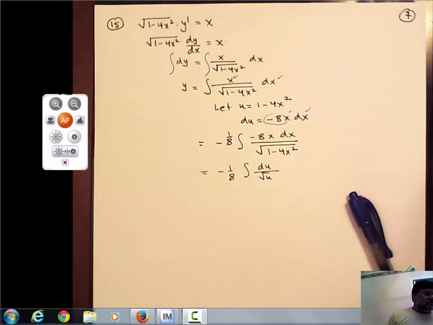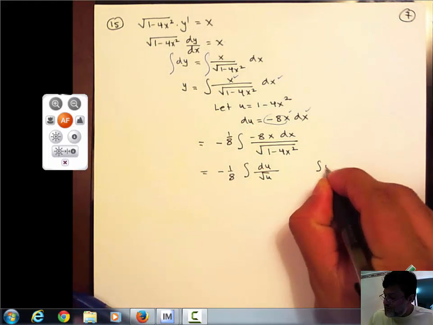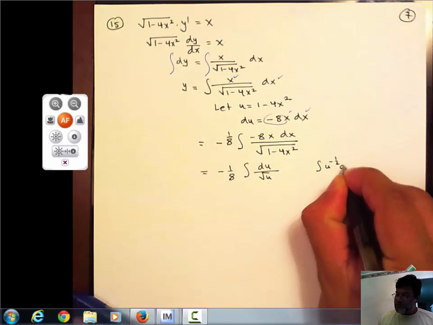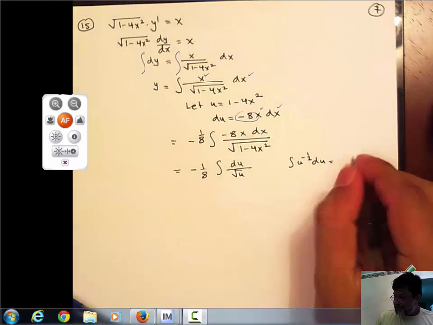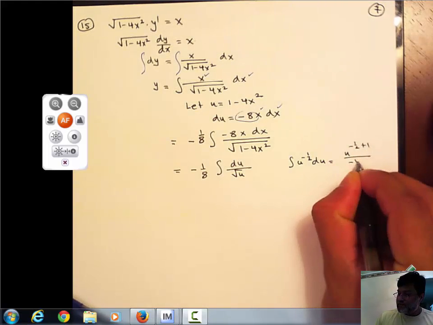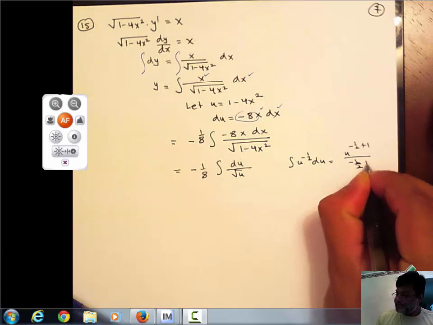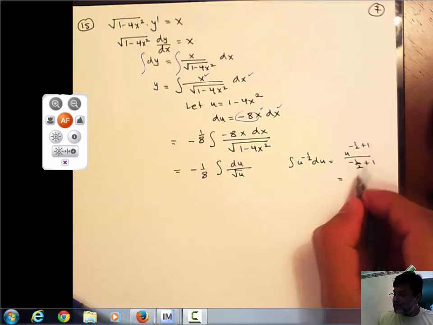And that's the easy integration because I know integration of u to the half, or x to the half negative. What's the integration of that? Negative half plus 1 is positive half. Flip that over.